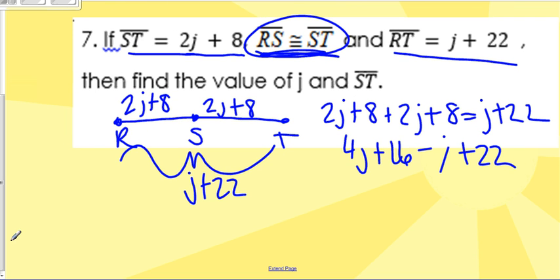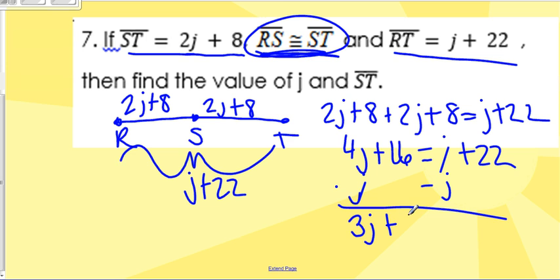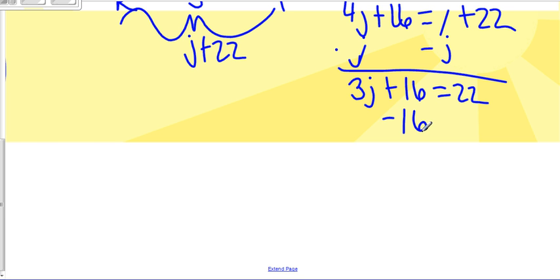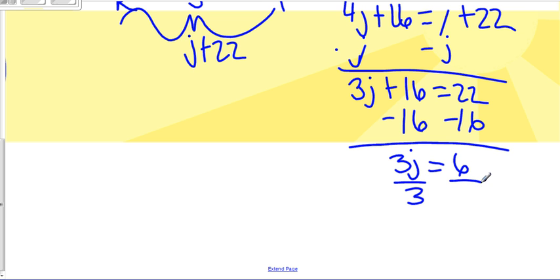Subtract j from both sides. We're going to get 3j plus 16 equals 22. Subtract 16 from both sides. We get 3j equals 6, divided by 3. j equals 2.